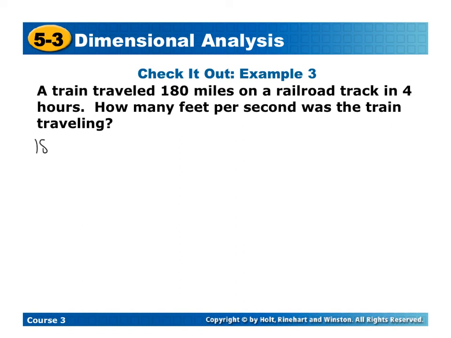So we're starting with 180 miles in 4 hours. So this time I'm actually going to change it to the unit rate right away. So I'm going to take 180 divided by 4 and get 45 miles per hour. So I'm going to change to my feet.